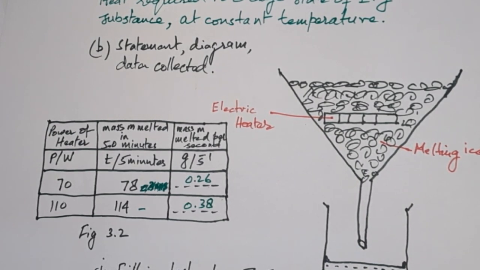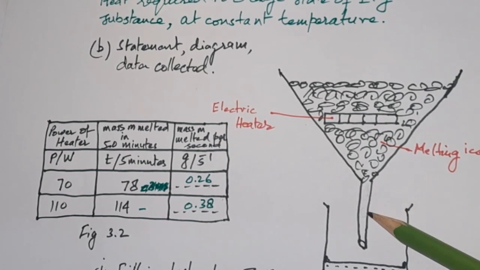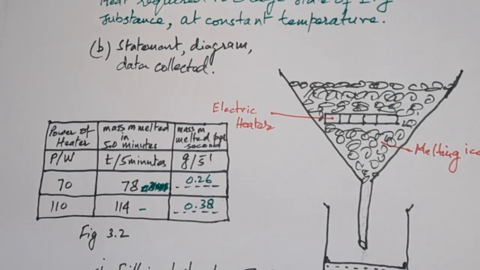The heater is switched on, and when the ice is melting, for example, the water is dripping from here into the can or container, the mass m of ice melted in 5 minutes.